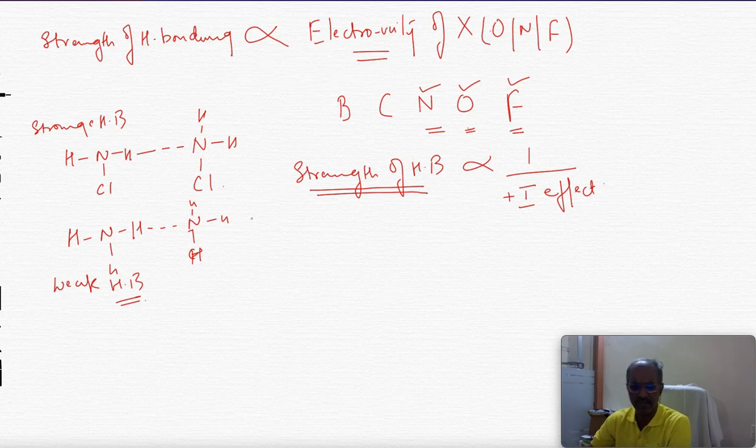whatever. Take for instance primary, secondary and tertiary carbon atoms to which the OH is attached, to which the H is attached, to be more precise, to which the electronegative element and H is attached. I'll give you an example for it.